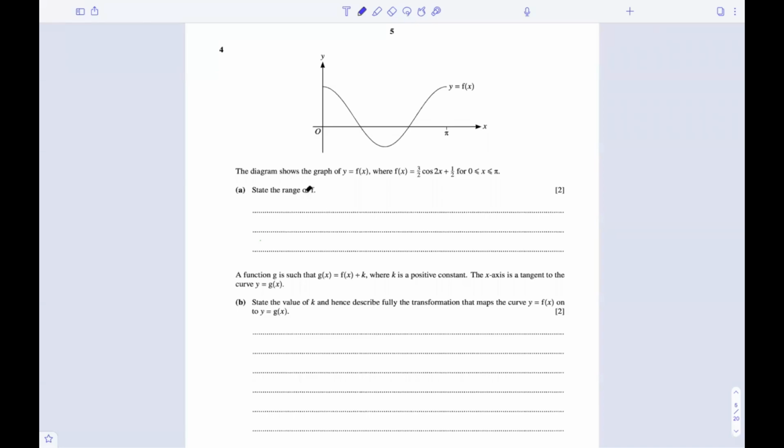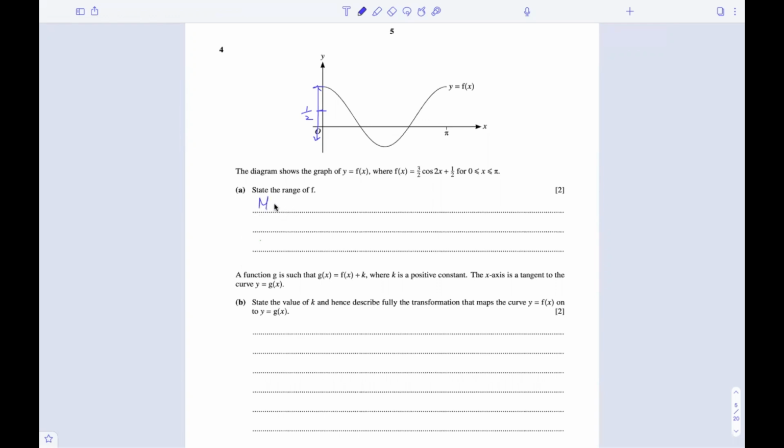In question 4, we have a graph of y is equal to f of x, where f of x is 3 upon 2 cos 2x plus half. Now this plus half represents that the graph has moved half units upwards, and the 3 upon 2 is the amplitude. So the maximum point would be half plus 3 upon 2, and the lowest point would be half minus 3 upon 2.